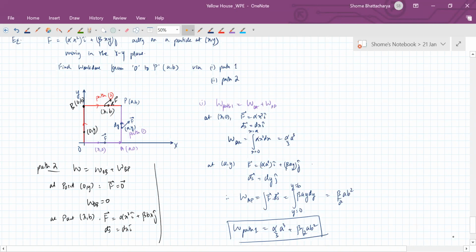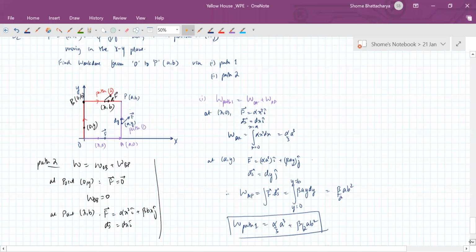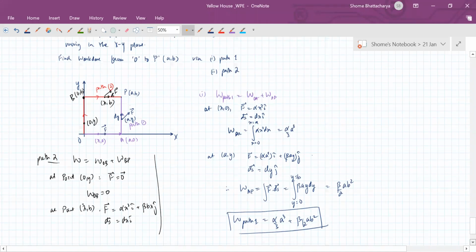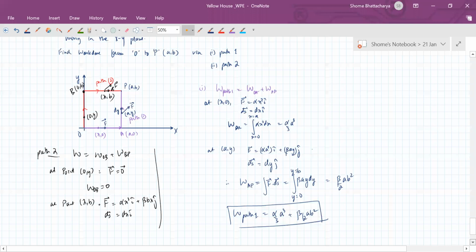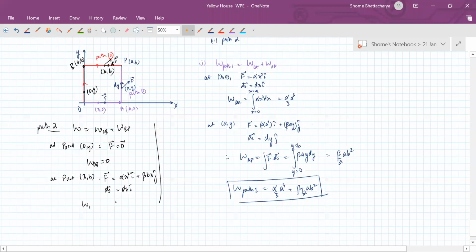So work done from B to P will become this dot product, going from x equal to 0 to x equal to a.